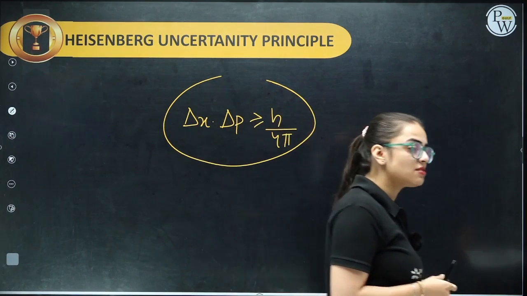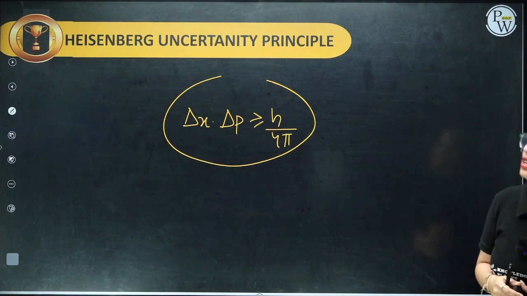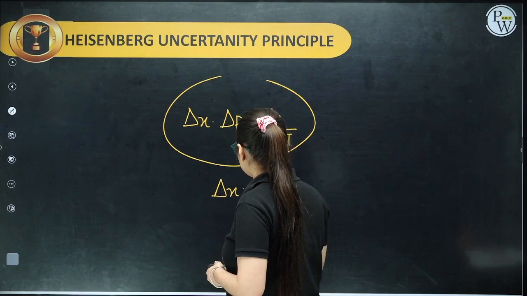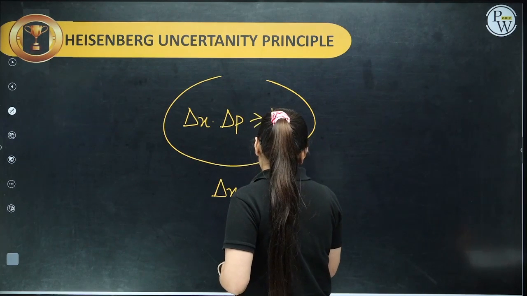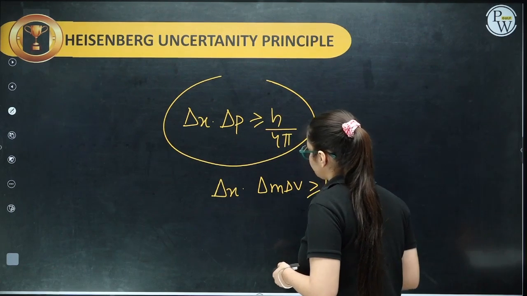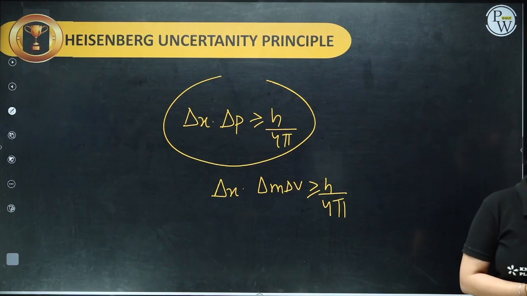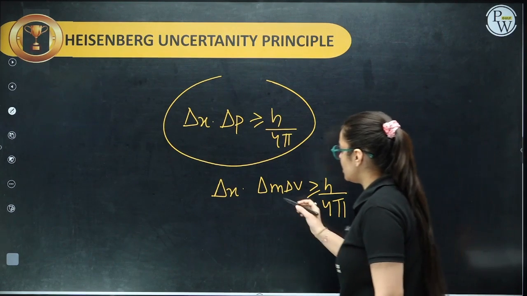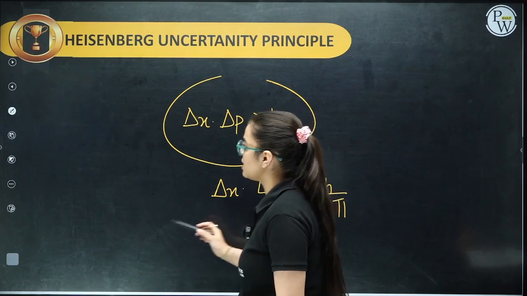Here delta x represents change in position, delta p represents change in momentum. So one more formula you can obtain, delta x into m delta v is more or equal to h by 4 pi. This is also one more formula with regard to Heisenberg uncertainty principle. Everybody please write it down. One more thing you may observe, that this m basically, here no delta will come.